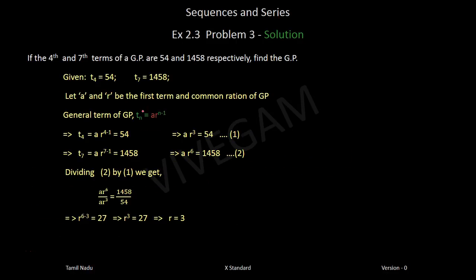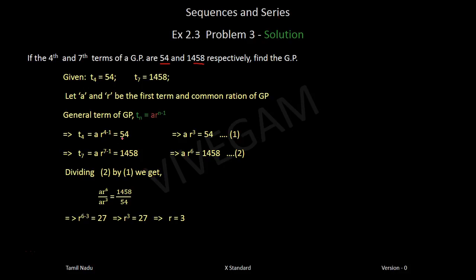So let's get to the solution. T4 is 54 given here, right? T7 is 1458. So let A and R be the first term and the common ratio. The formula is Tn equal to AR to the power of n minus 1. Use this formula for both the terms. Okay, so T4 will be AR to the power of n minus 1, that is 4 minus 1, equal to 54.